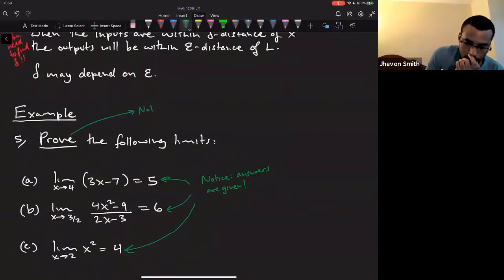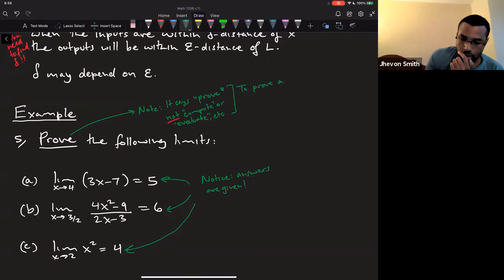So note, it says prove, not compute or evaluate. And the idea is to prove a limit is a certain value.